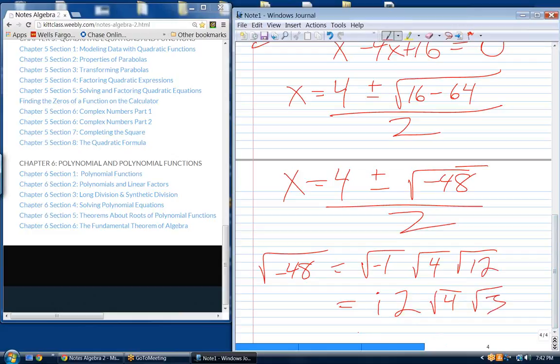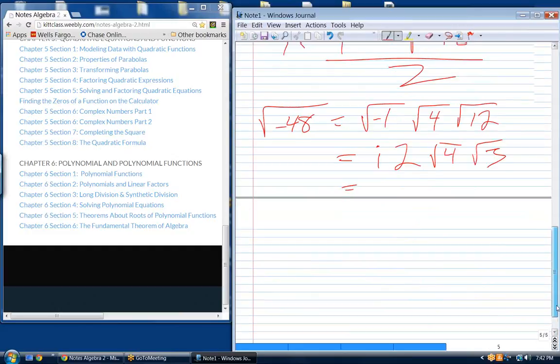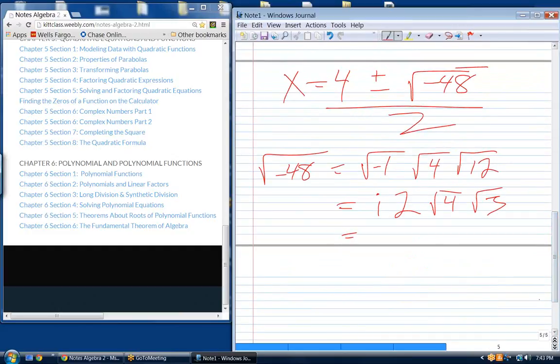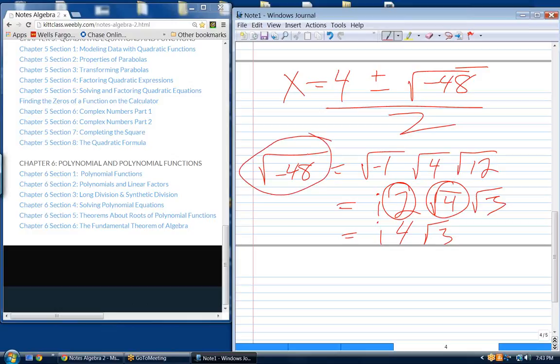So the root 4 becomes another 2, so what's my final answer? i 2 root 3. Well, you got this 2, and you got this 2 multiplied together. That's equal to 4. Okay. So i 4 root 3. So we whittle it down piece by piece.